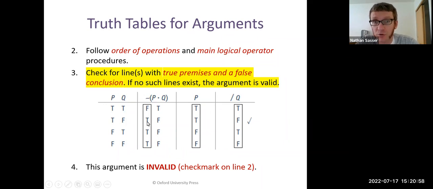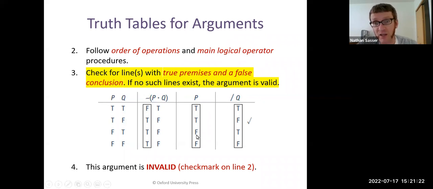What about line 2? True premise 1, true premise 2. So this is a possible counterexample to validity, and there's a false conclusion. Alarm bells should go off. That shows right there that this argument is not valid. Now, let's look at the other lines as well.